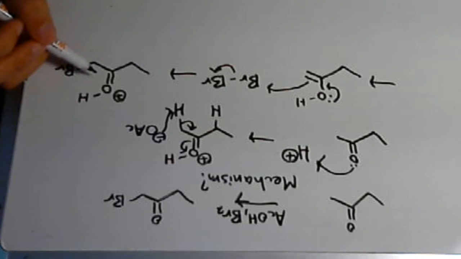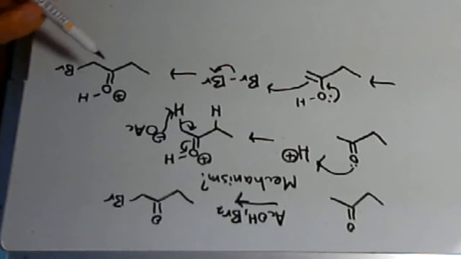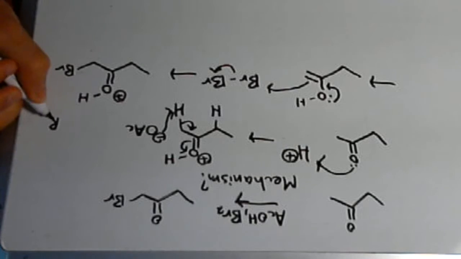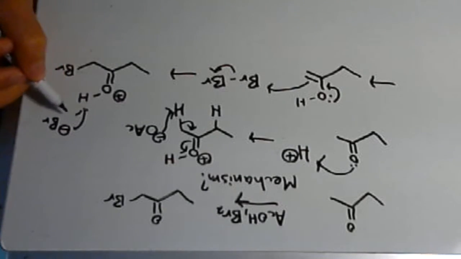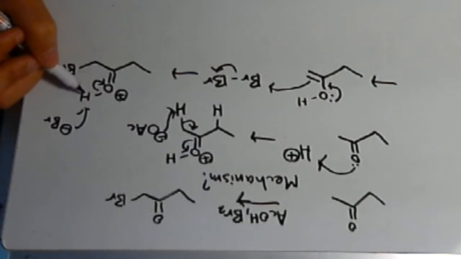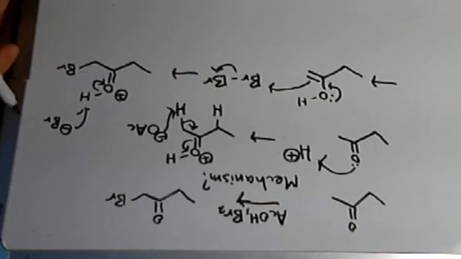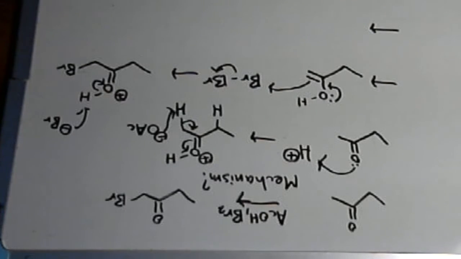The only thing we need to do left is deprotonate that proton. And the most basic thing we have, well, we just eliminated off a Br minus. So Br minus is the most basic compound we have. So it's going to deprotonate that proton. And oxygen is going to take its electrons back, becoming neutral.